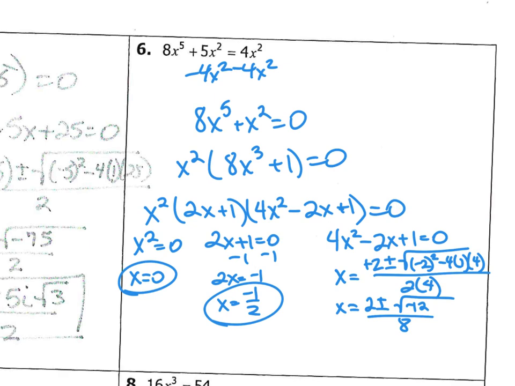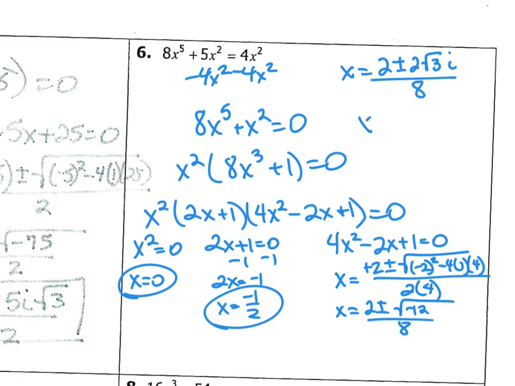And I'm going to come up here to work it up the rest of the way. So x equals 2 plus or minus 2 square root of 3i over 8. And then because all my coefficients are divisible by 2, so 2, 2, and 8, I can divide them all by 2. My final answer is going to be x equals 1 plus or minus the square root of 3i over 4.